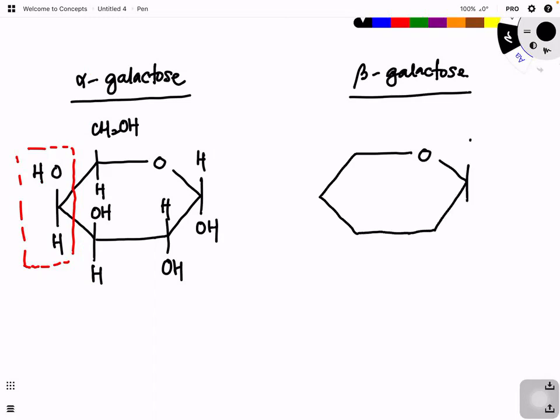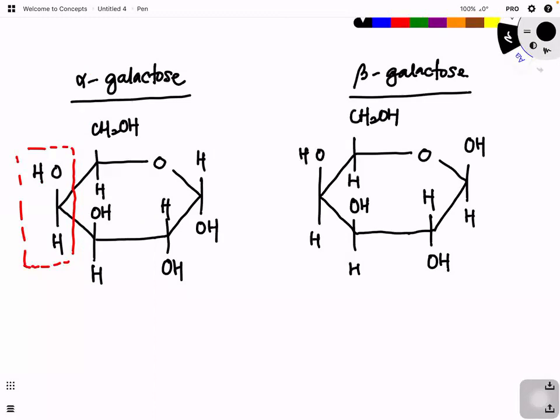So H, OH, OH, H. Carbon number 4, always remember, is OH, and carbon number 5 and carbon number 6 as usual. So this is beta galactose. Carbon 1, 2, 3, 4, 5, and 6. So why alpha? Because the OH group is below the ring. In this case, why beta? Because the OH group is above the ring.